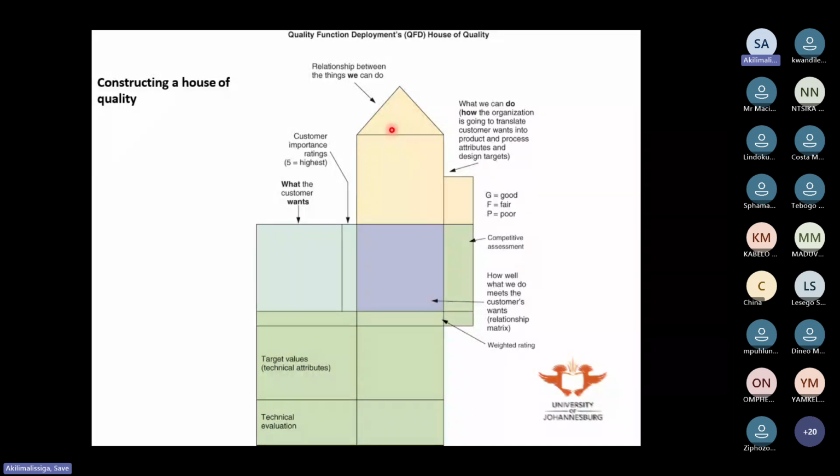So once you are done with establishing the relationships, now you are going to move on to what you call the relationship matrix, because here you have the product attribute, here you have the wants, and now you are going to establish the relationships. So basically you are showing how the attributes here are going to satisfy the wants on the side. So creating the relationships here, right? So this is what you call the relationship matrix.